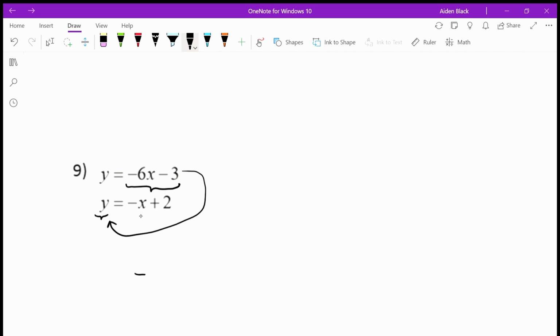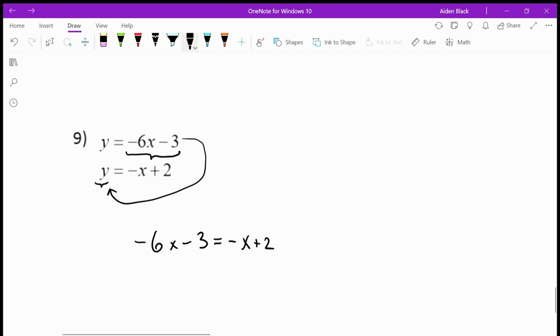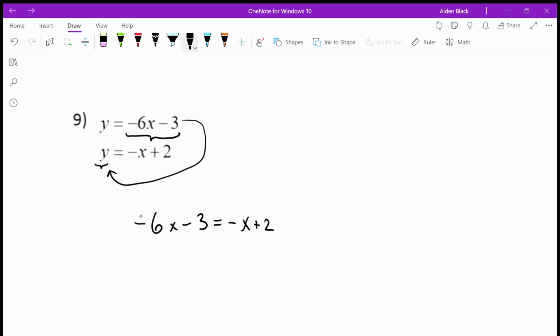So it's -6x minus 3 is equal to -x plus 2. Right, because this whole thing's equal to y, and this whole thing's equal to y. So they should be equal. So we're trying to find the value of x. This will help us solve the system of equations.